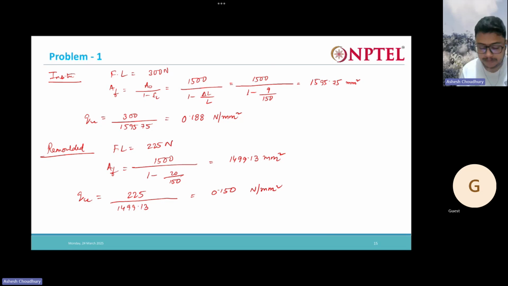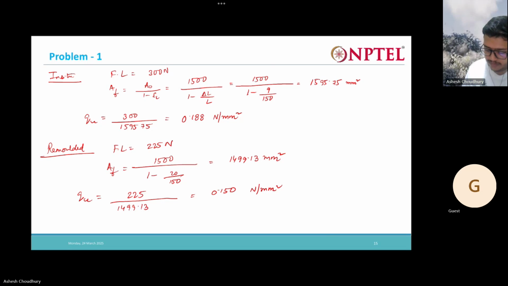And so now, can you recall how sensitivity was defined? This is from the first chapter, index properties. Sensitivity is defined as the UCS of undisturbed by remolded.